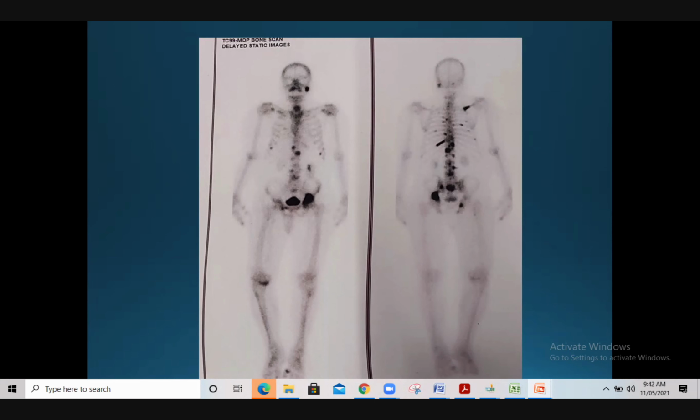What is the definition of oligometastatic? Most of the studies quote less than 5, ma'am. Less than 5 what? Less than 3 also, no? Extra prostatic bony mets. You must be specific. Is lymph nodal disease included in oligometastatic?